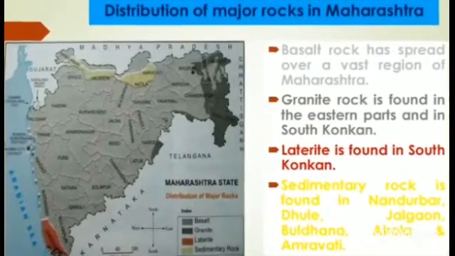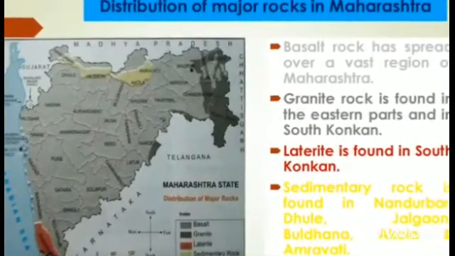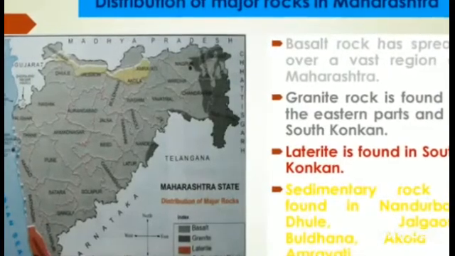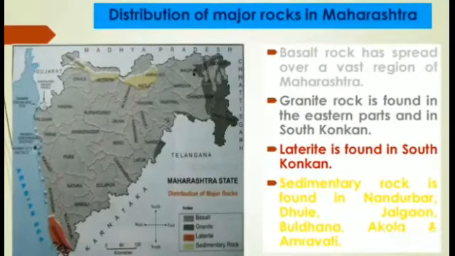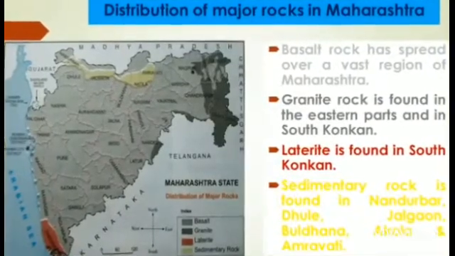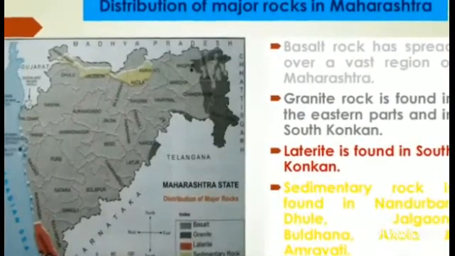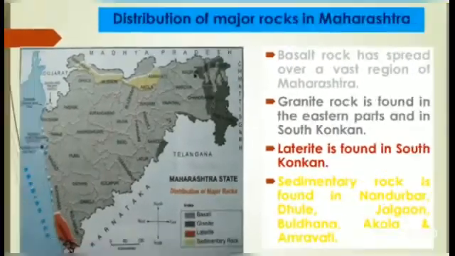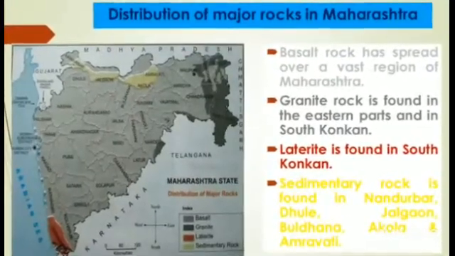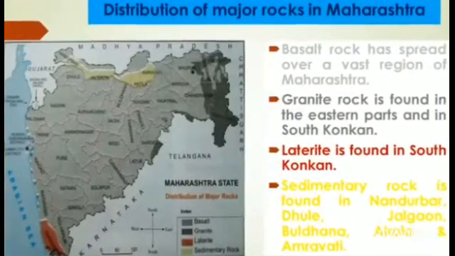The basalt rock formed out of volcanic eruption has spread over a vast region of our state. Granite rock is formed in the eastern parts and in South Konkan.